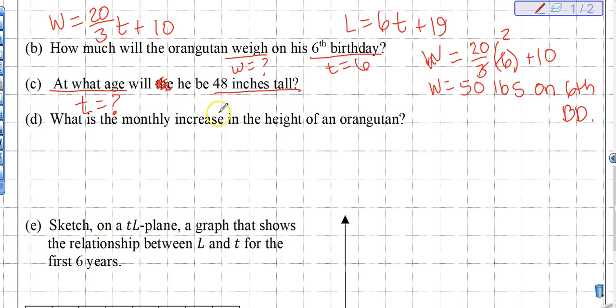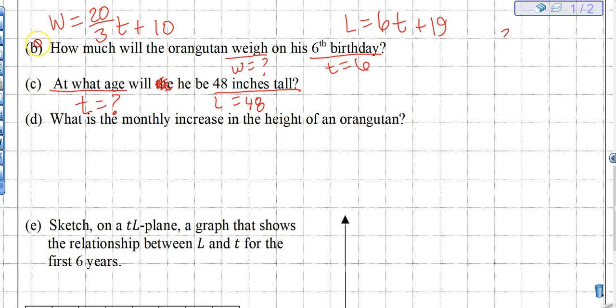What does 48 inches represent? His length is 48, right? And so we wouldn't be using his weight to age equation. We'd be using his length to age equation. And I'm going to do a little erasing here of our old problem so I have some room. Okay, and so we're just substituting the information into our length equation.